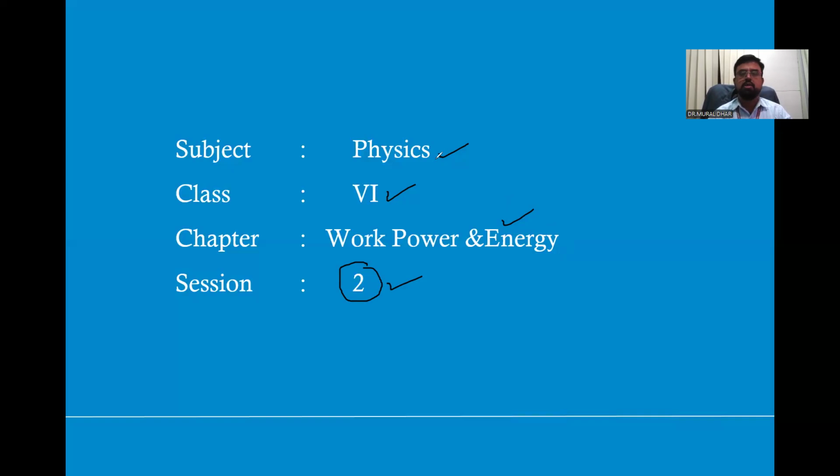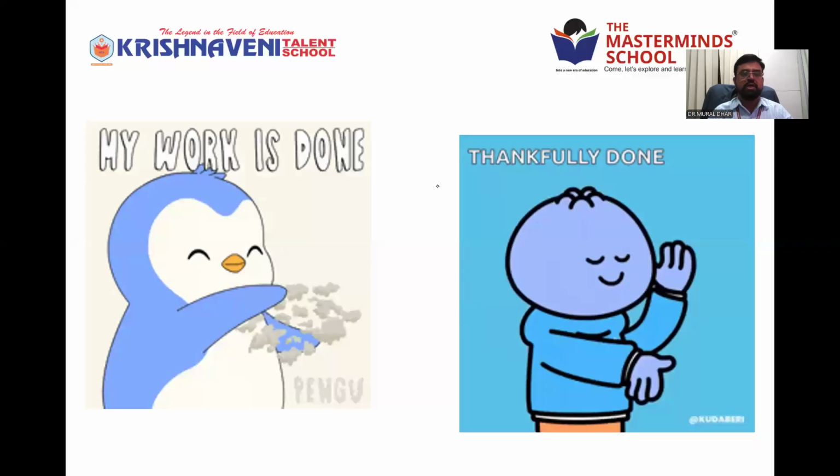But before that, let us recall what we learned in the last class. As you all know, we learned about the first very important quantity, that is work. In the last class, we discussed complete details about work. What is work done? What are the types of work done?